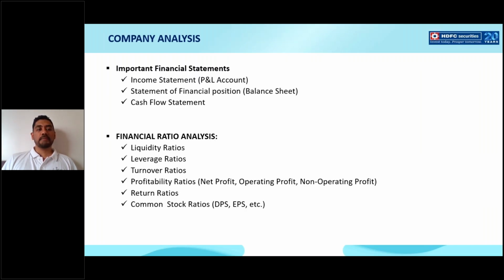Now, for a company analysis, the most important financial statements are the income statement or P&L statement, the balance sheet, and the cash flow statement. Through these statements, we will work out some financial ratios, which would help to give you a view of the company. Some financial ratios are the liquidity ratio, the leverage ratio, which is the debt equity ratio, the turnover ratio, profitability margins of the company, what are the returns of the company on the amount invested, and so on and so forth.